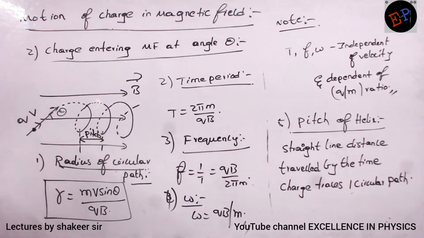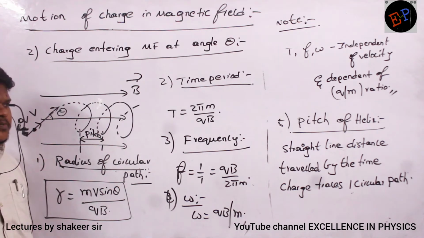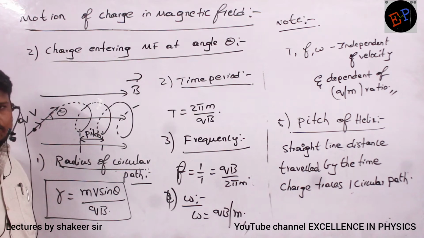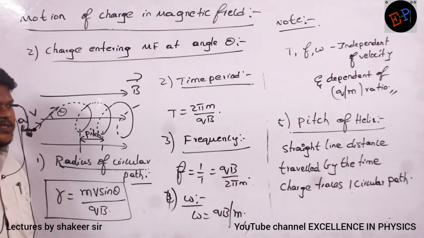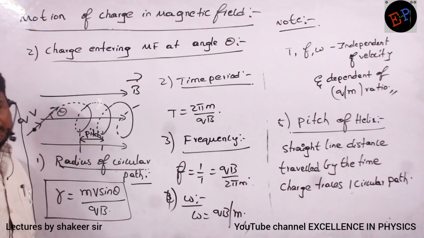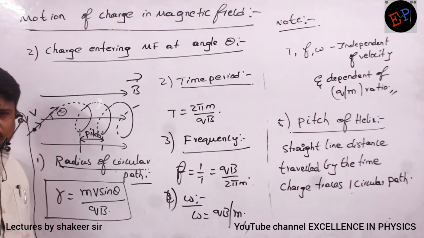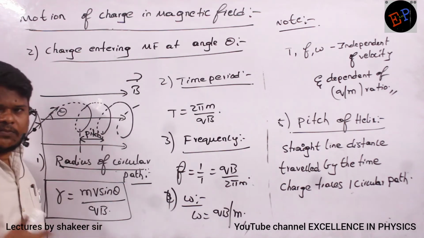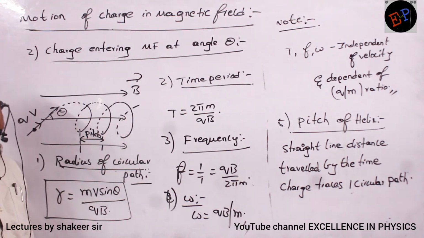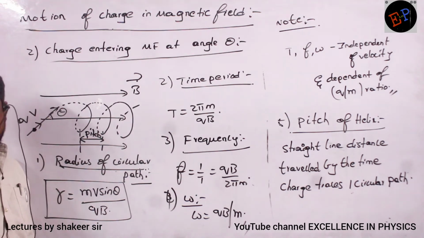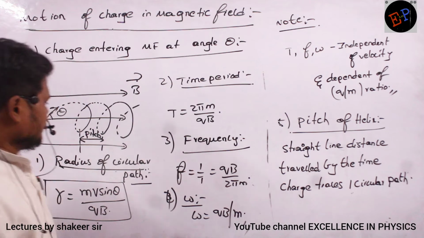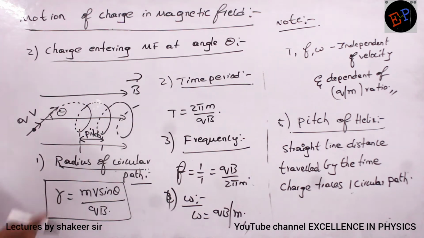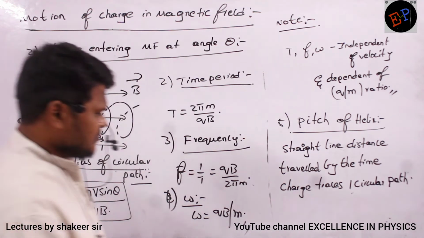Okay? So can you say how can I calculate the pitch of the helix? This distance, how can you calculate? Distance traveled in the time it completes one rotation. Tell me. Pitch is nothing but distance.